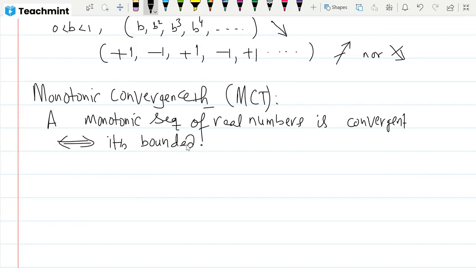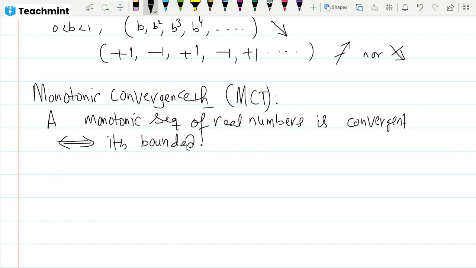If it is monotonic, meaning increasing and bounded, it is convergent. Decreasing and bounded, convergent. Or increasing and bounded above, the sequence is convergent. Decreasing and bounded below is convergent. Sir, you said monotonic, increasing; increasing sequences are bounded below because the first term of that sequence is the lower bound of the sequence.